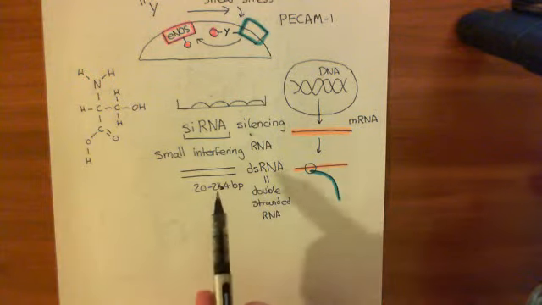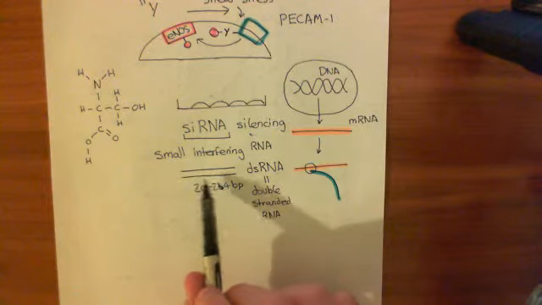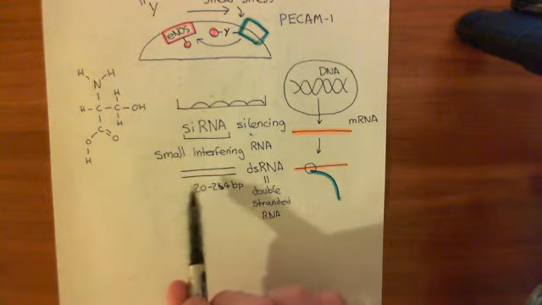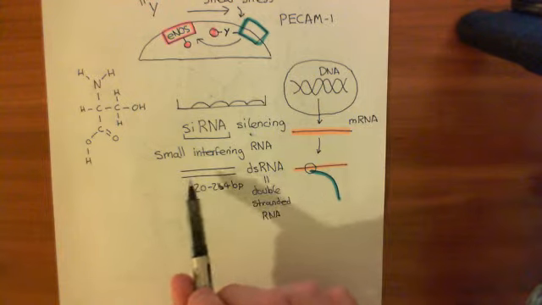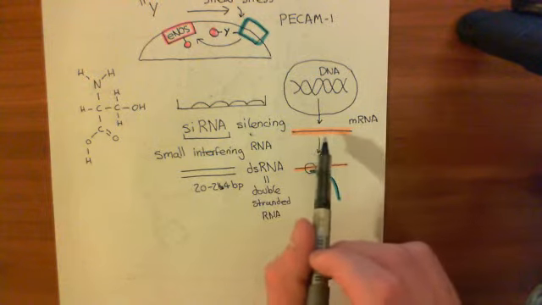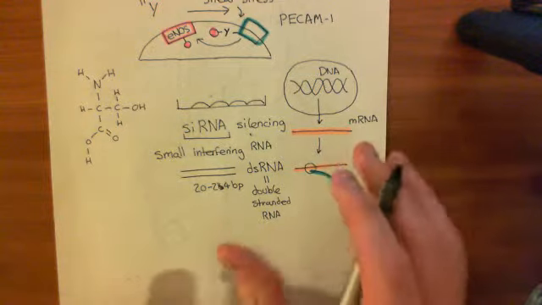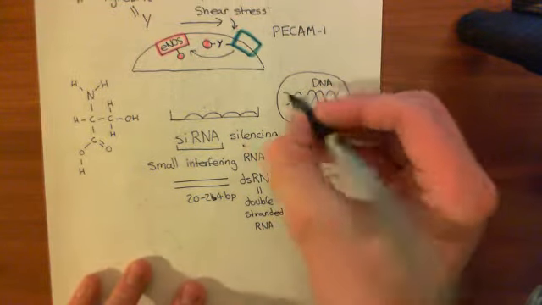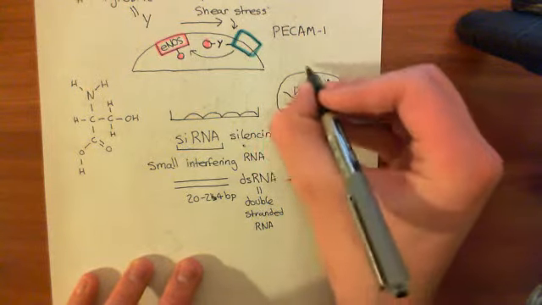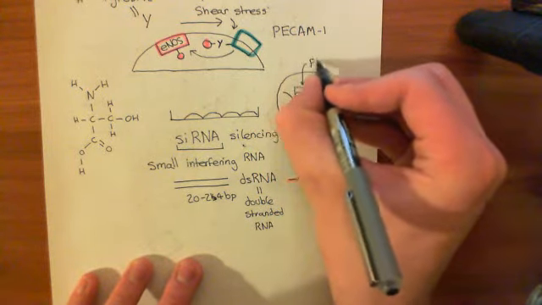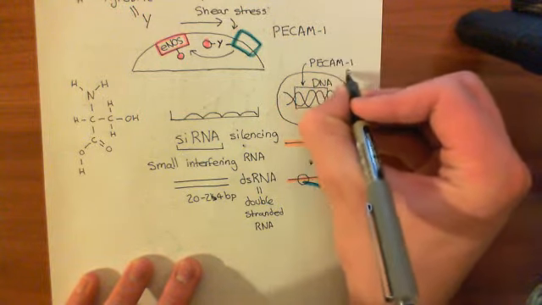What we're going to do is produce a small piece of double-stranded RNA which will have exactly a complementary code to the piece of mRNA that makes the PKAM1 protein. Let me explain this in more detail. On the level of the genome, you will have a gene which codes for PKAM1.